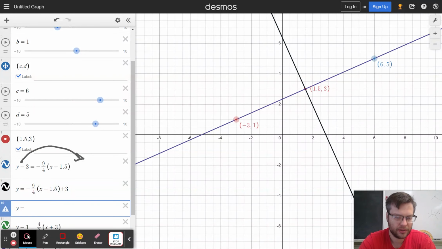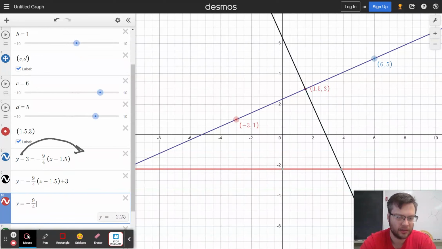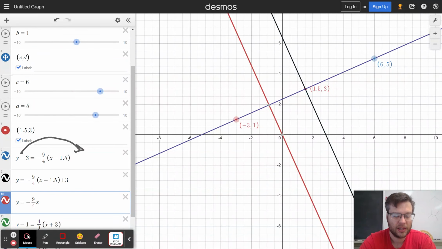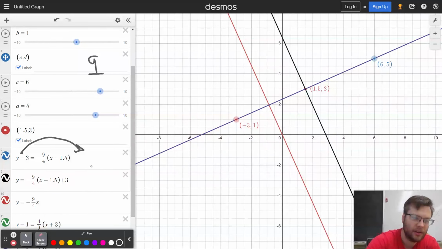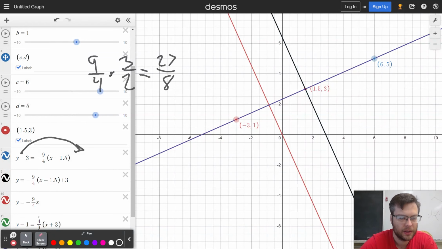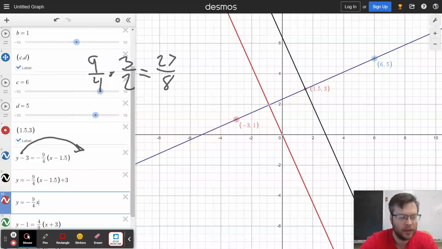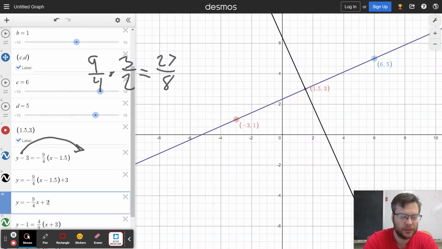Okay, if you don't like parentheses, then just distribute negative 9 fourths x. And you got to think, okay, what is 9 fourths times 1.5? Well, you can do it on a calculator, or remember that 1.5 is 3 over 2, so we end up with 27 over 8. So that becomes plus 27 over 8, and then plus the 3 more, and that's another line that's equivalent.